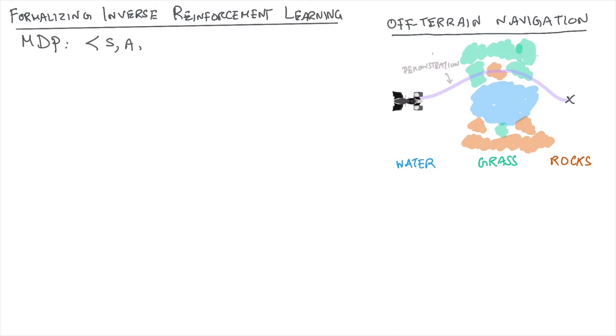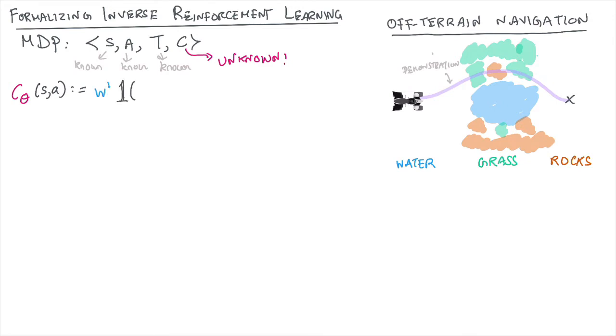If you recall, an MDP is a tuple of state, action, transition, and cost. But in this setting, we're going to assume state, action, and transitions are all known, and it is the cost function that's unknown. Now let's assume, for this example, that the cost function is in fact a linear function, a linear sum of penalties of being at different terrains.